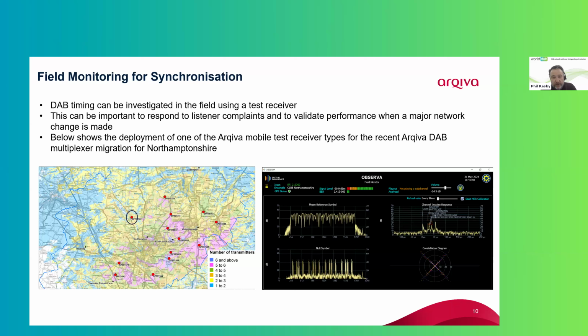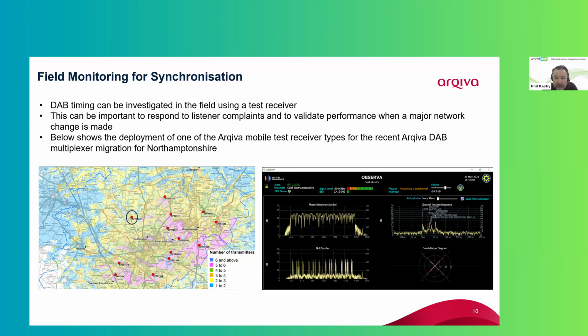So in addition then to having constant monitoring, which is all connected to our broadcast operations center, it's also important to have tools that you're able to deploy when there might be listener complaints, or indeed to validate when there's major network changes.